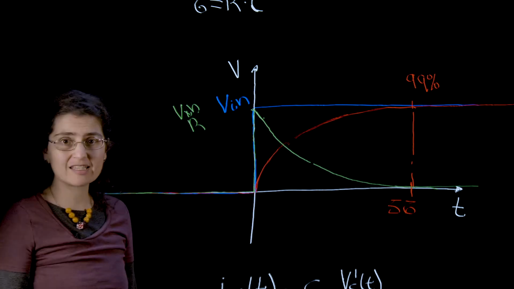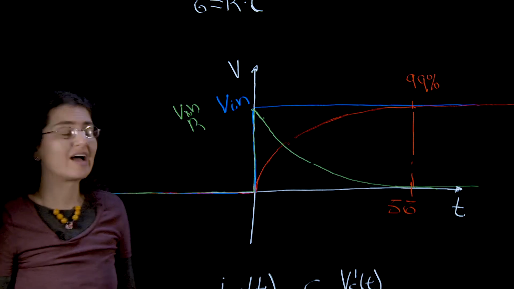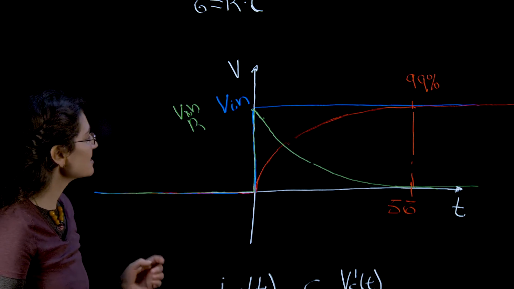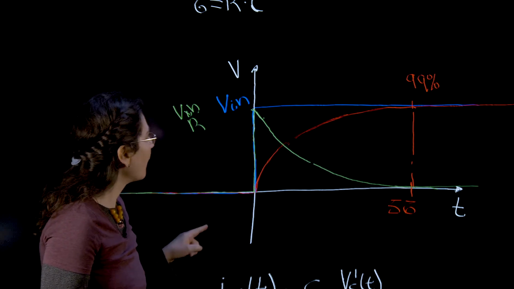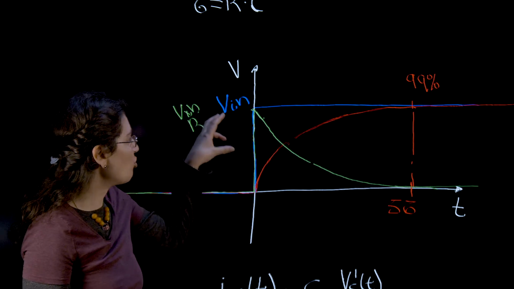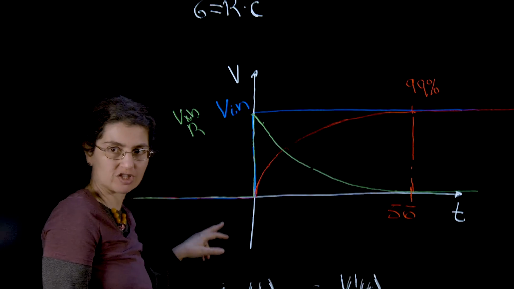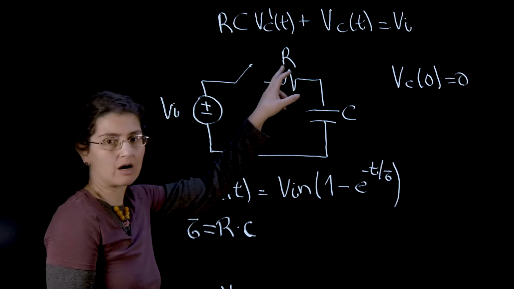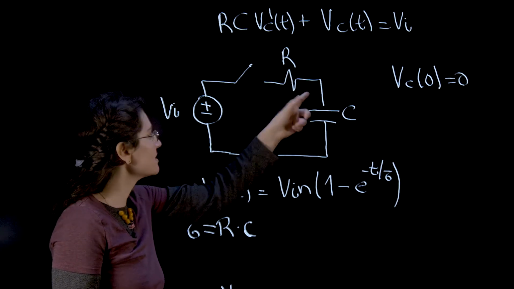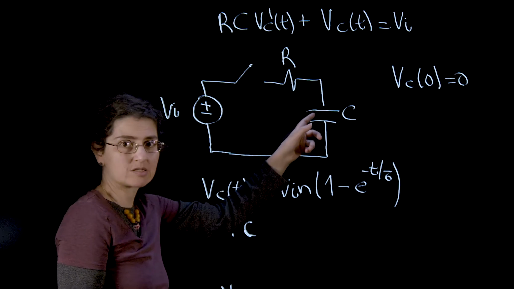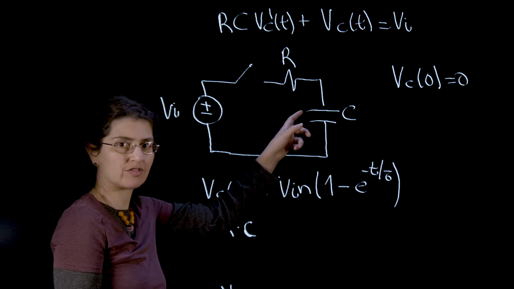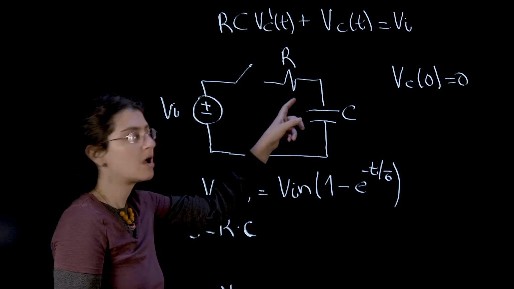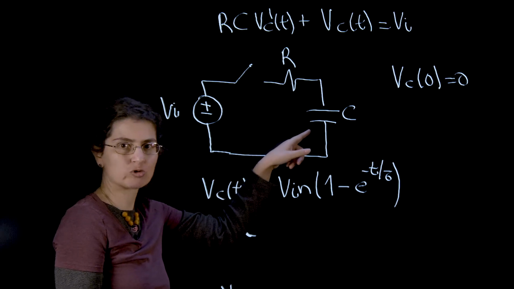So there are a few things that we can see just by looking at this. The first thing is we know that when I switch on the circuit, my current goes to V in over R, which basically means that when the capacitor is discharged and I switch on the voltage source, my capacitor is acting like a short circuit.